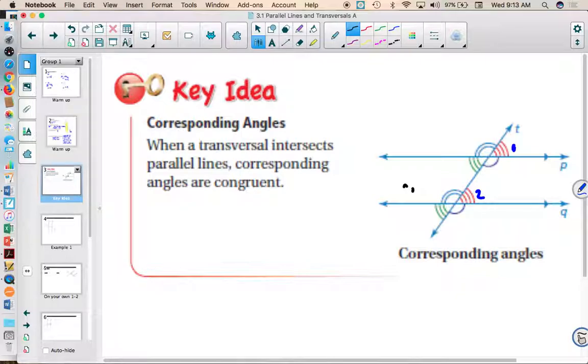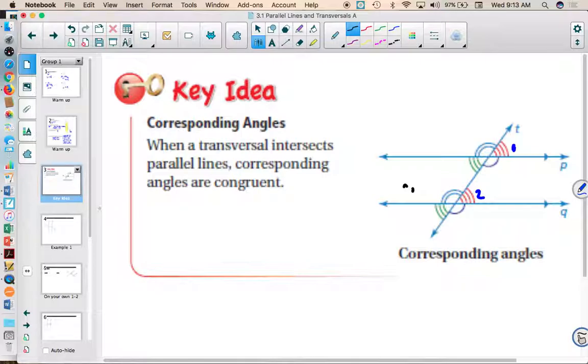They're located in the same place along opposite lines of the parallel. You know what I'm saying? But they're in the same place along the transversal. If you look at their location, they're going to be congruent.